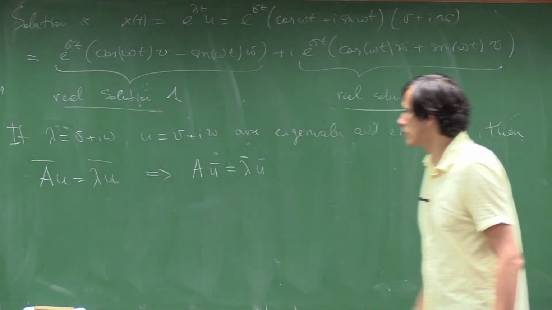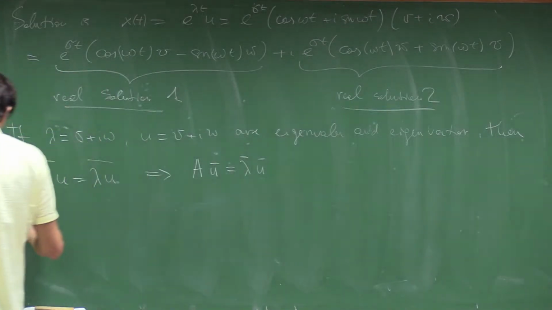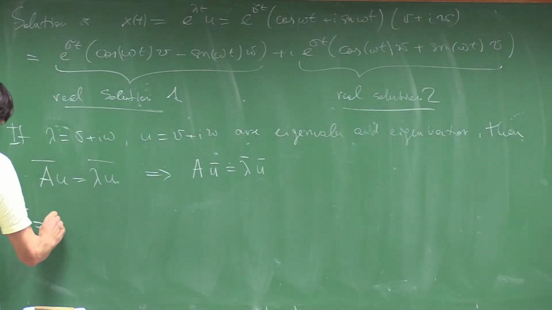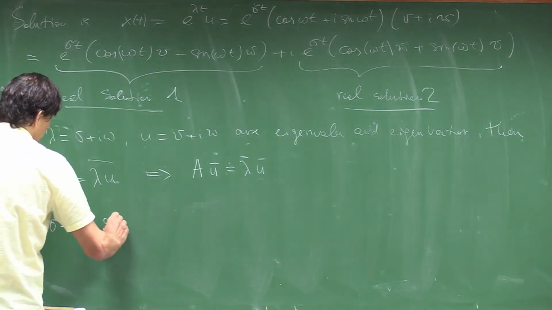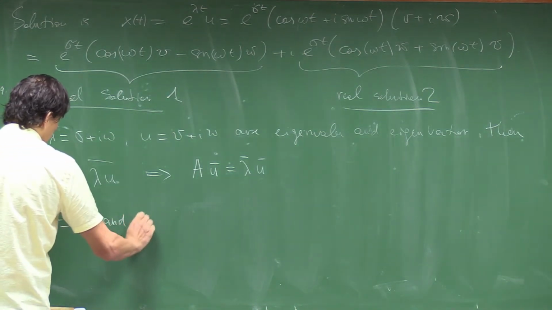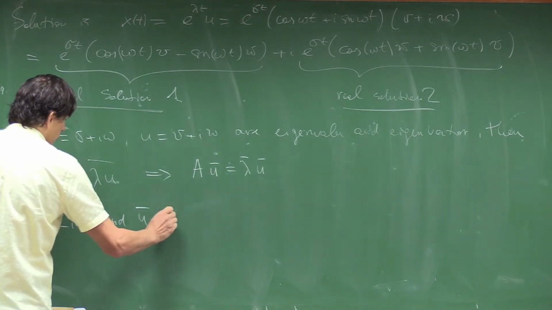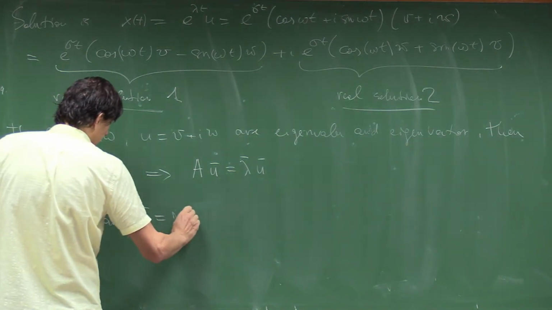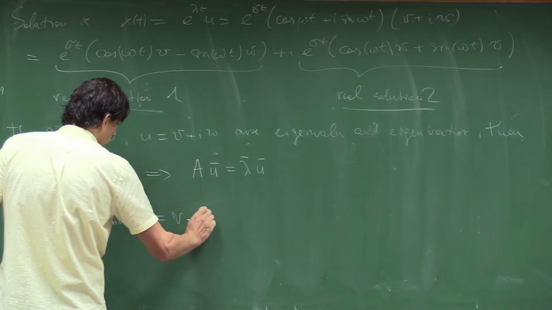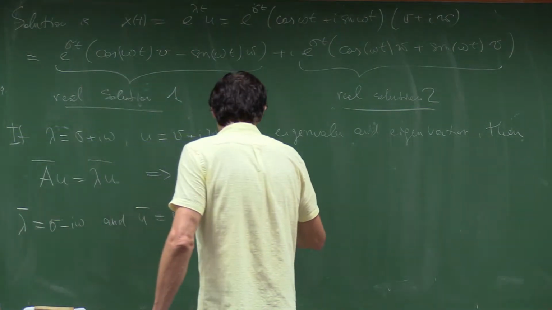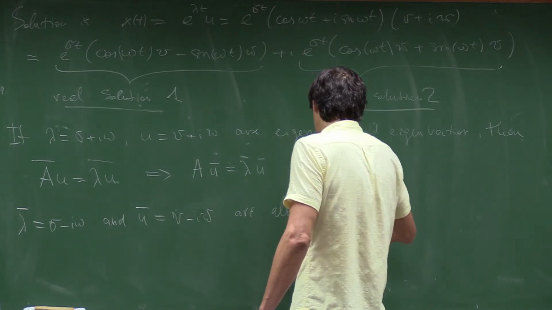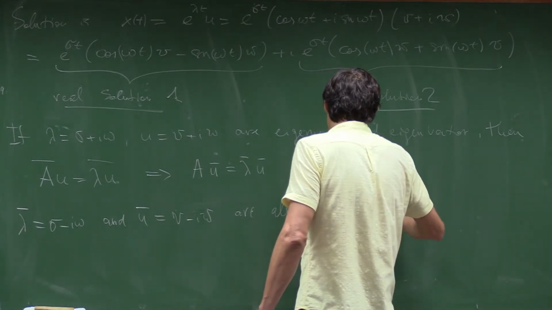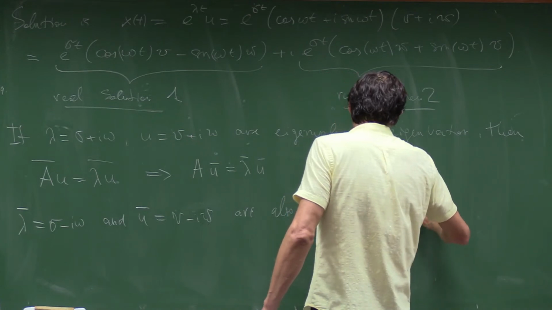So what you find is that the conjugated lambda, which is sigma minus i omega, and the conjugated u, which is v minus i w, are also an eigenvalue and eigenvector.